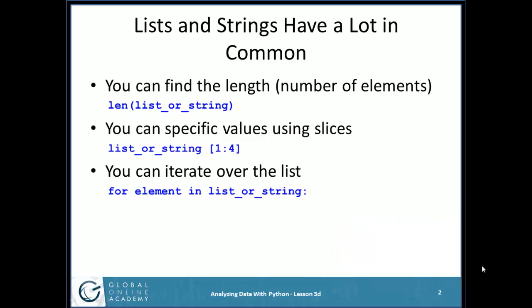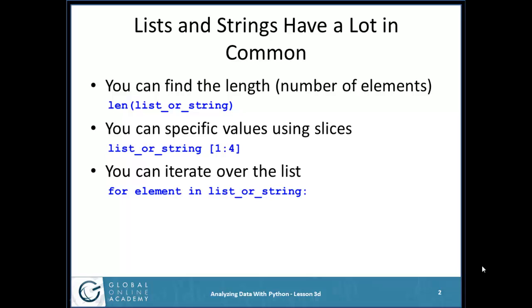So let's get started. As we learned in 3a and 3b, lists and strings have a lot of things in common. You can find the length, which is the number of elements in a list or a string, by using the built-in function len. You just do len parenthesis and the name of your variable, or a constant like quote string value end quote.